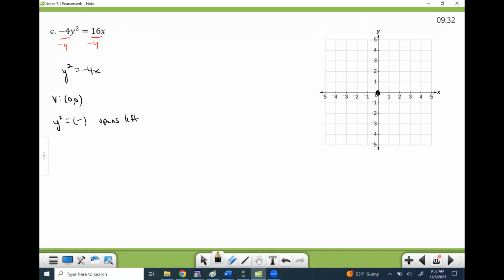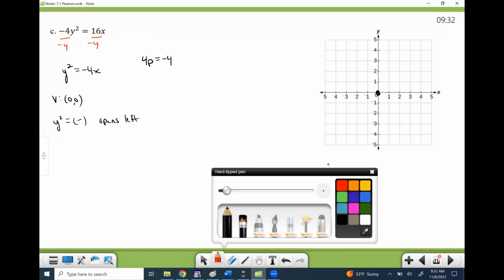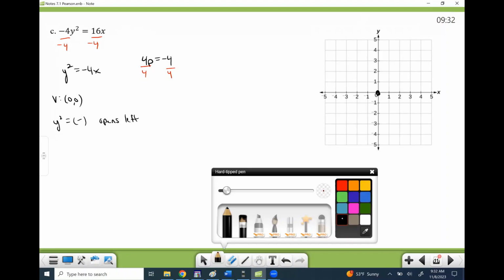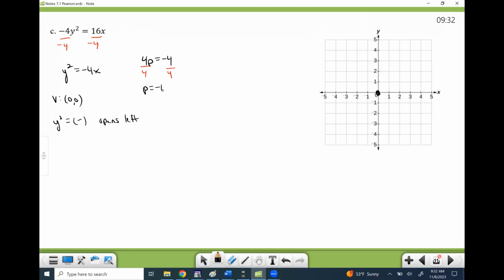So we're at 0, 0. Let's go and get p. So remember to set the stuff in front of the non-squared term equal to 4p. So we get that p equals negative 1. All right, so it opens left. Okay, so negative 1 would be where the focus is.